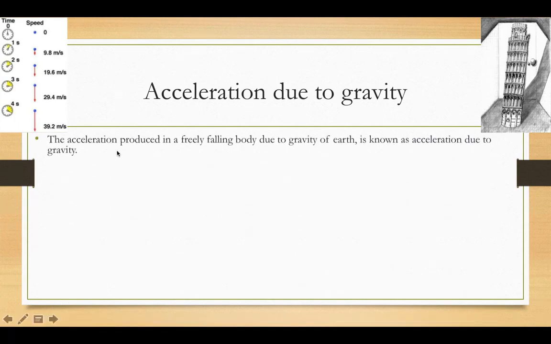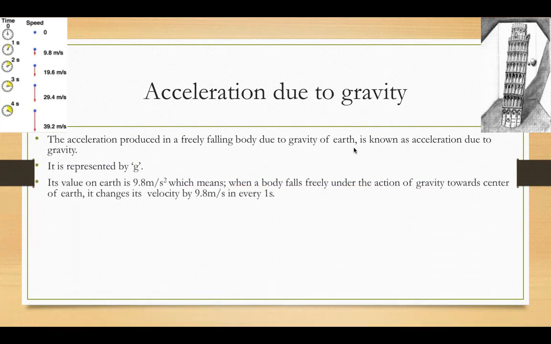So the definition is: the acceleration produced in a freely falling body due to gravity of Earth is known as acceleration due to gravity. It is represented by small g, and its value on Earth is 9.8 meter per square second. So when a body is dropped from the top of a building, or from anywhere, its value will be 9.8 meter per square second.